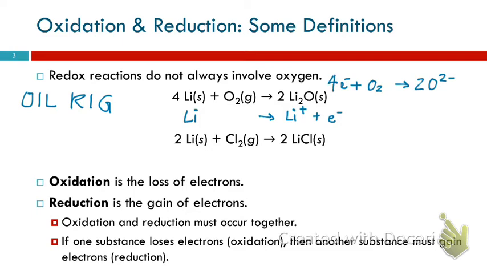Overall, it's 4. There we go, that's better. So the electrons that were lost by lithium were gained by oxygen. And down here, chlorine becoming chloride ions. Cl2. We have to add 2 electrons to that molecule, and then we get 2 chloride ions. So the lithium lost electrons, and chlorine gained electrons.